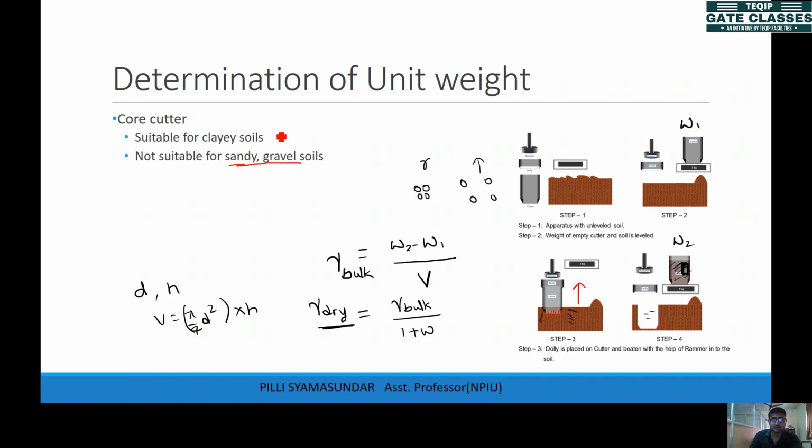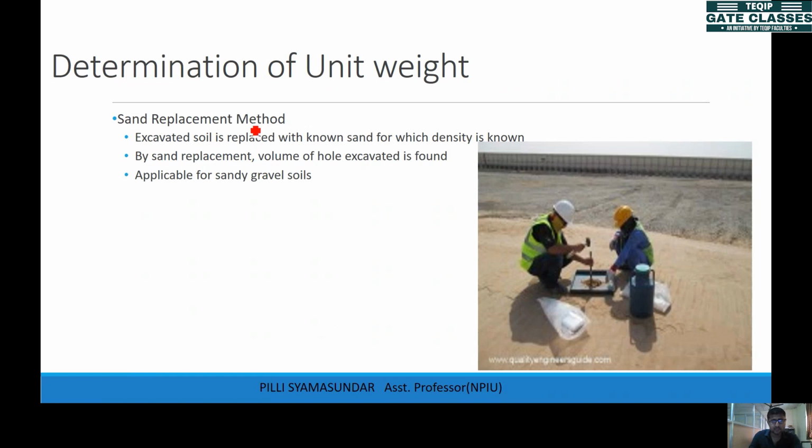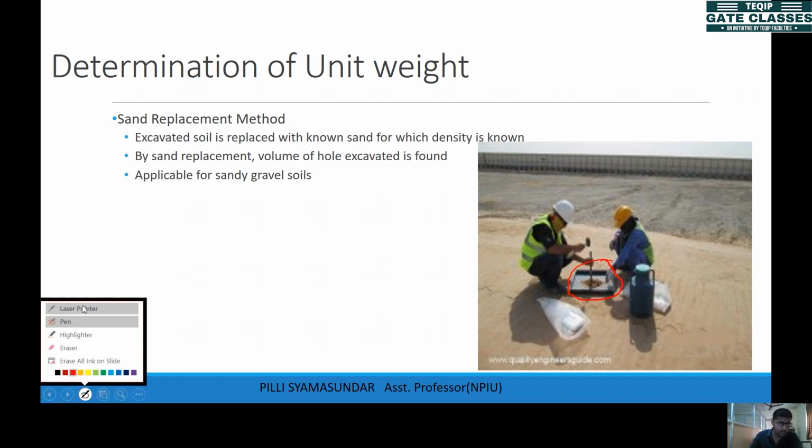It is good for clay soils, but for sands and gravels we have another method, which is called the sand replacement method. How? You can see the figure here. This is a tray. You place the tray, and this tray has a central hole.